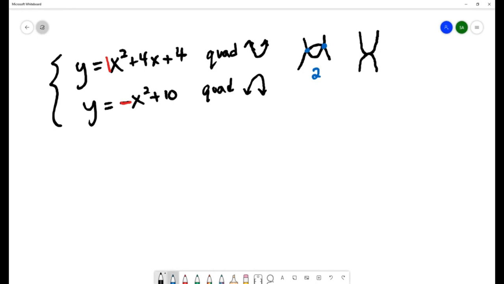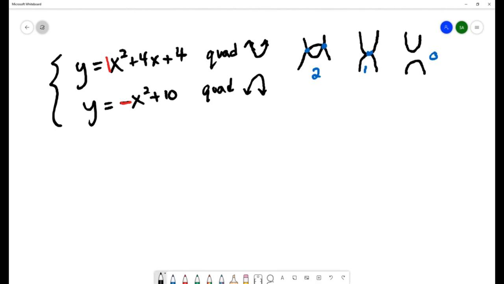In that case, we would only have one solution to the system. Or these two parabolas might totally miss each other and we could get no solution for this system. So now I have an idea that I might have two, one, or no solutions.